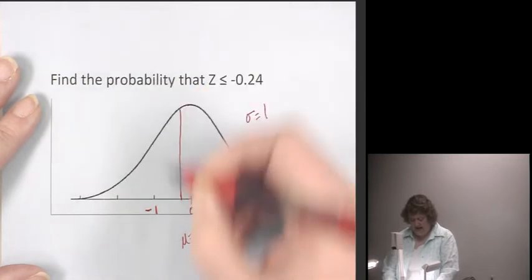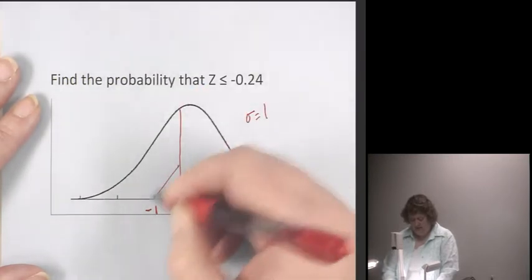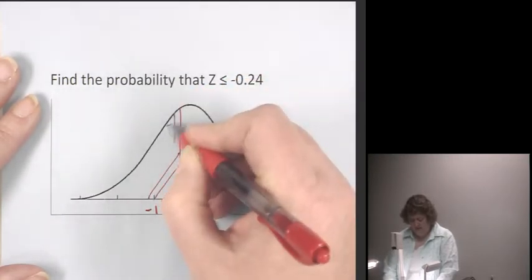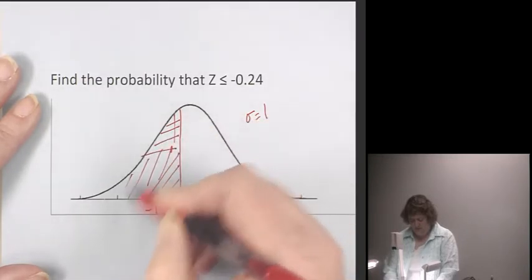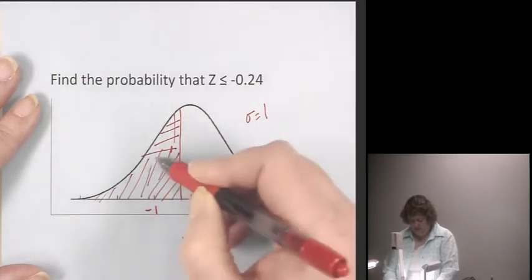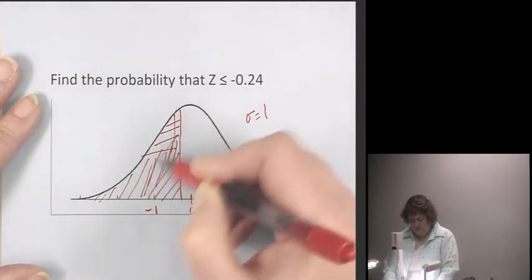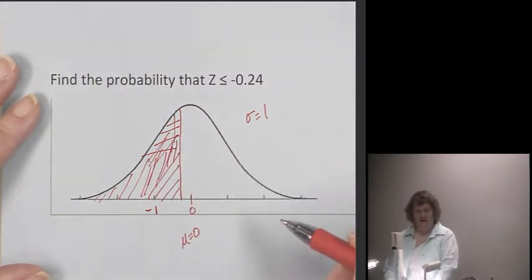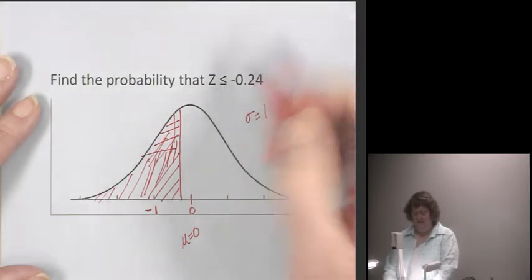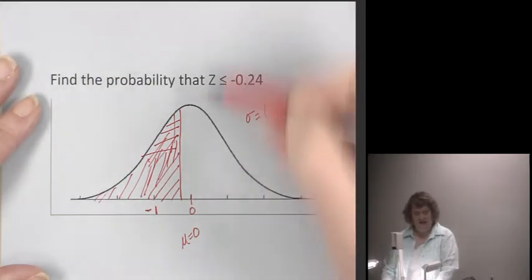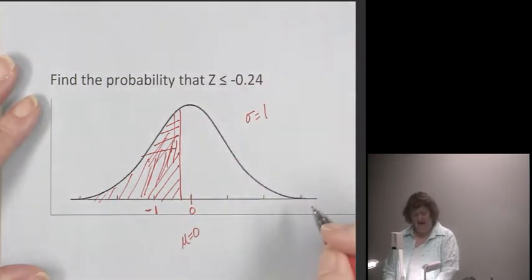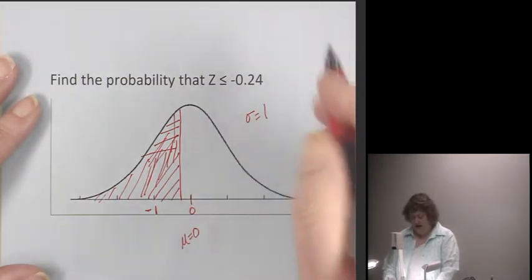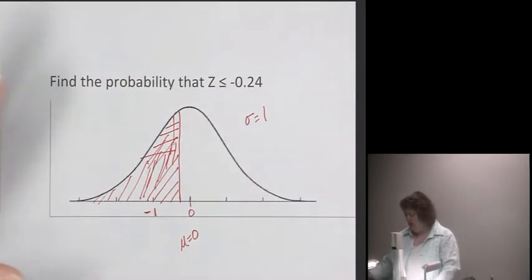We'll draw a line here. And shade in the area to the left because it is less than. Notice whether it's less than or equal to doesn't matter. We'll still shade the area to the left. And it is negative 0.24.